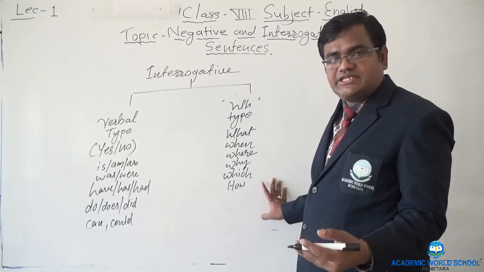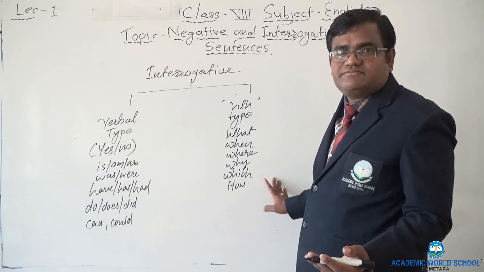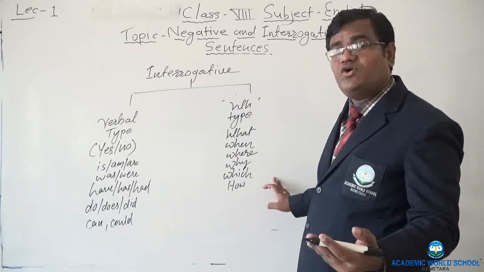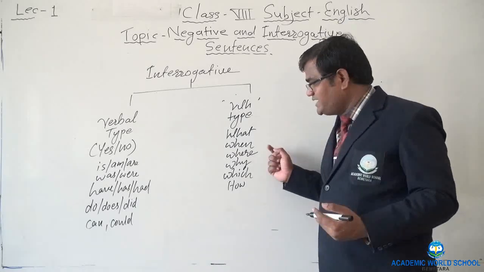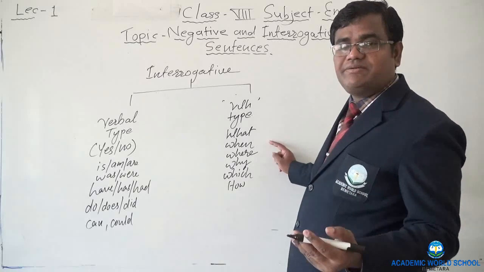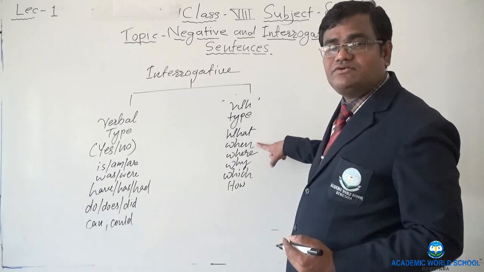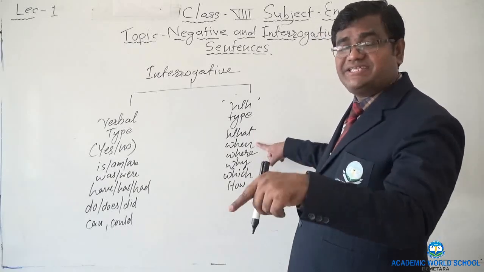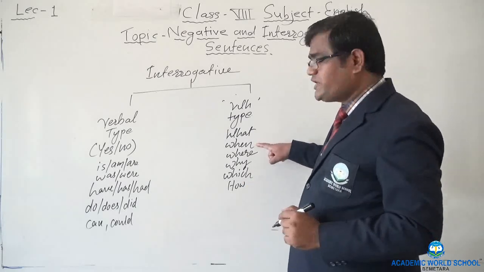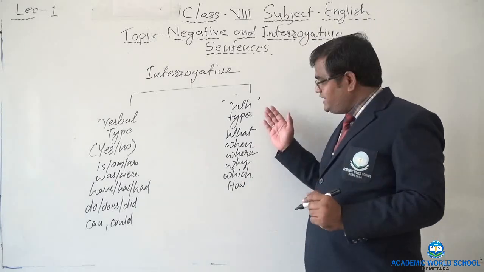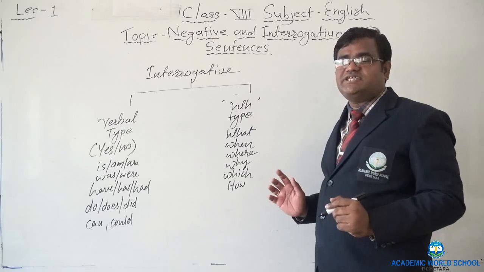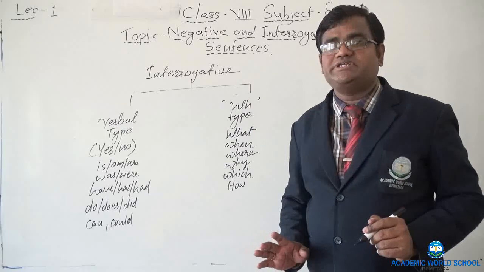Can you say yes or no? Where are you going? Can you say yes or no? No. You have to exactly name the place. When did you wake up? In the morning today. So you have to answer the time exactly. You cannot say simply yes or no, and therefore these questions are called WH type questions.